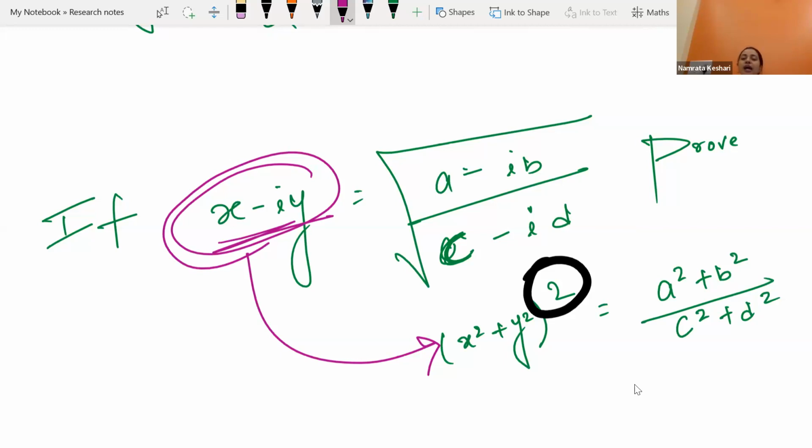Left side we realize that x square plus y square we can create by multiplying the conjugate of x minus iy. First we will replace i by minus i, and then we'll be getting x plus iy, that we can multiply in this left hand side, and then we'll be able to get x square plus y square.